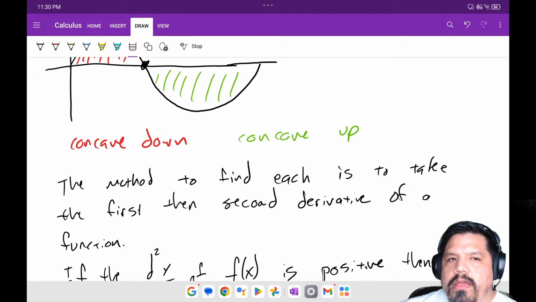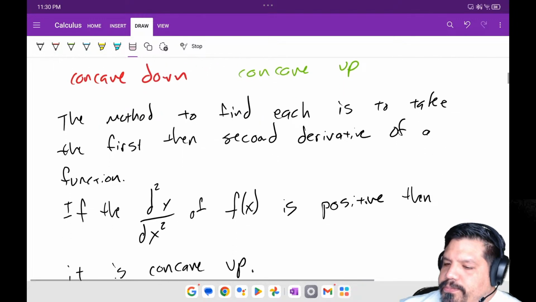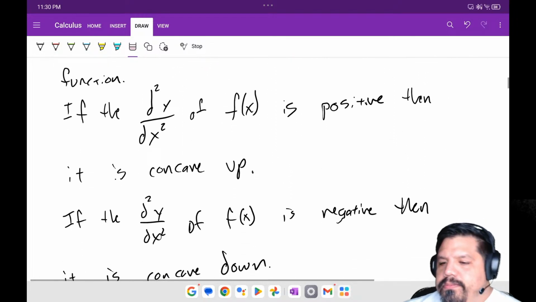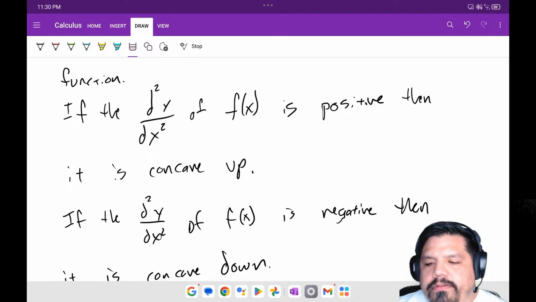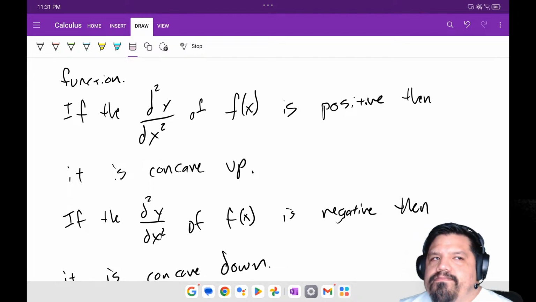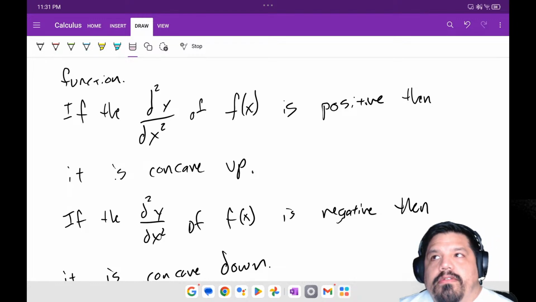There's some tangent things that we need to look at, so be sure to be brushed up on those. If the second derivative of the function is positive, then it's going to be concave up. And if the second derivative of the function is negative, then it's going to be concave down.